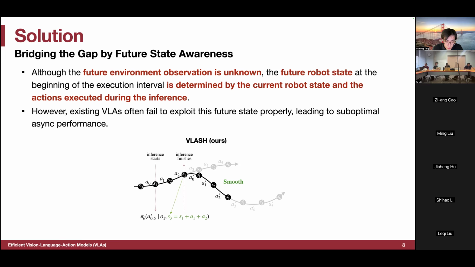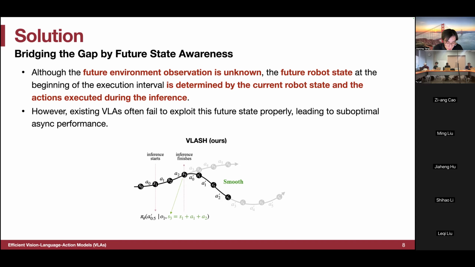So this future state is determined by the current robot states and the actions that are executed during the model inference time. For example, in the figure below, the state at the execution time S3 is equal to the state at the inference start S1 plus the actions during the model inference time, A1 and A2.